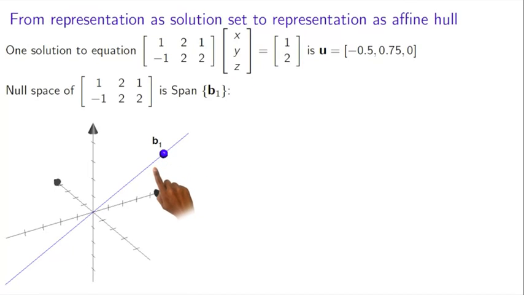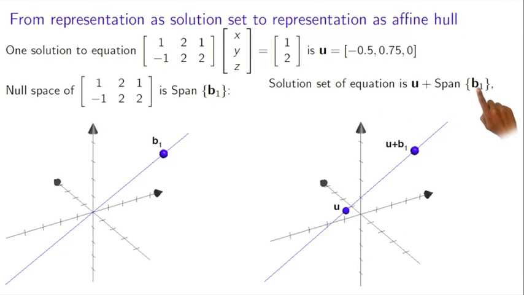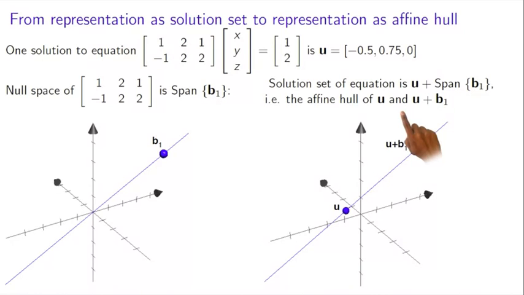The solution set to the original system is obtained by translating this line, by adding the vector u to each of the vectors making up the line. That is, the solution set is u plus the span of the set consisting of b1. That's just the line through the two vectors u and u plus b1. So it can also be written as the affine hull of u and u plus b1.